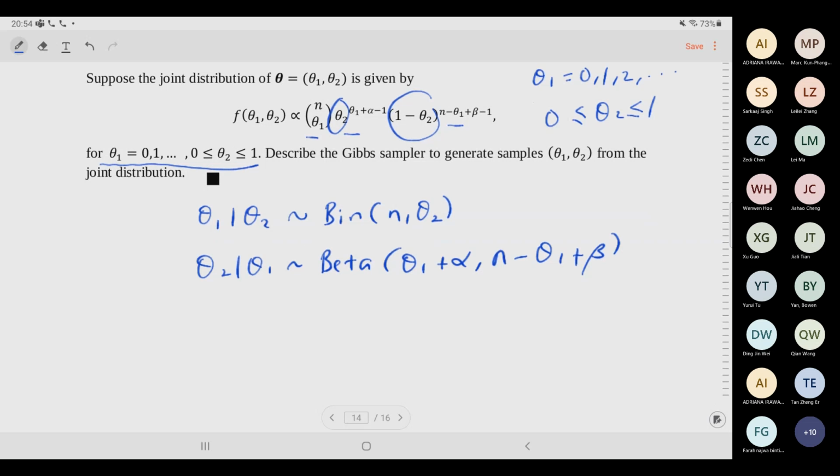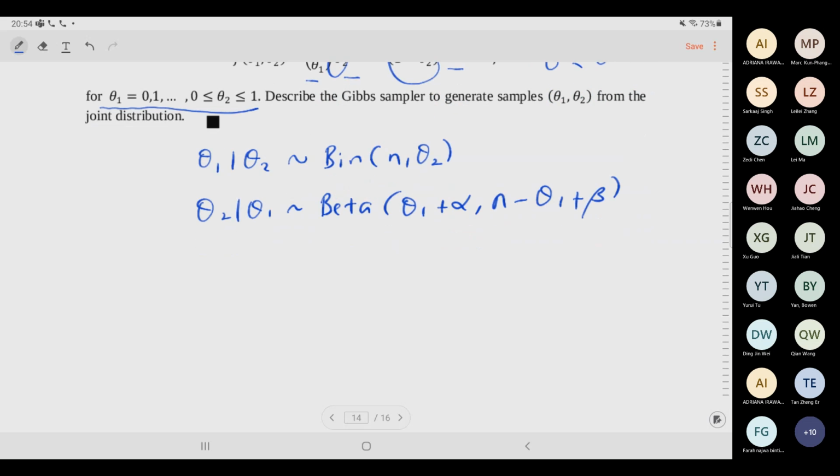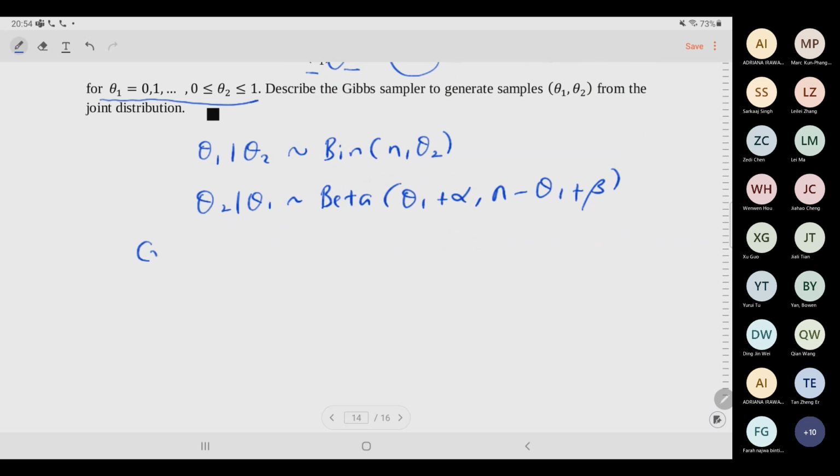So if you were to use the Gibbs sampler, again we have our initial value, theta 1 and theta 2, at time 0.